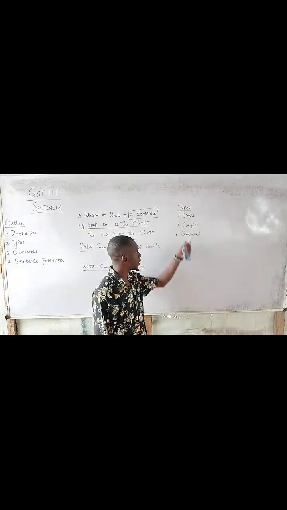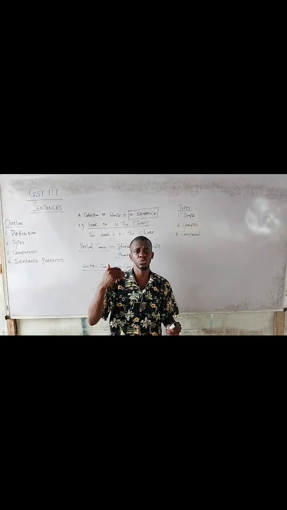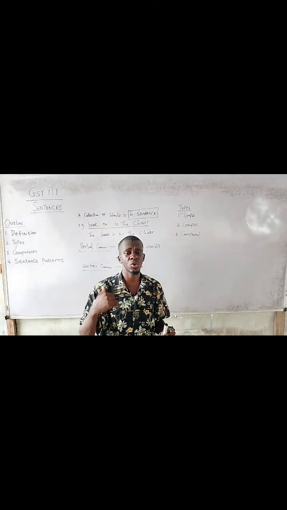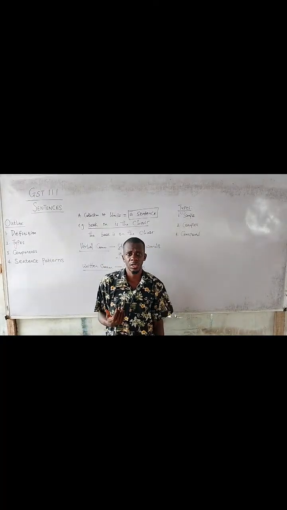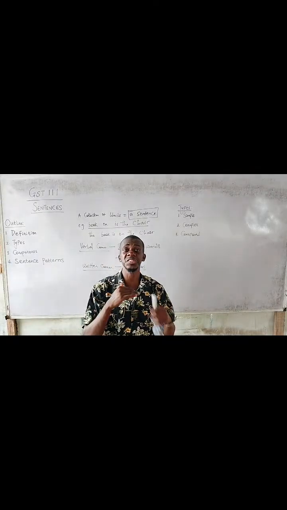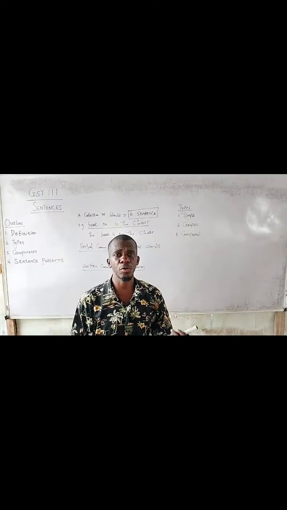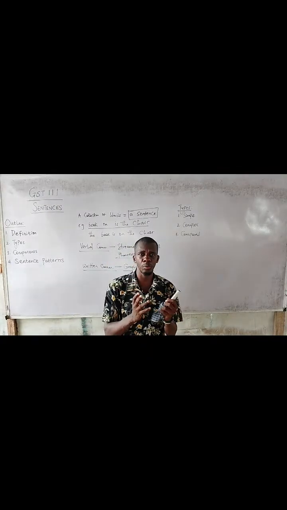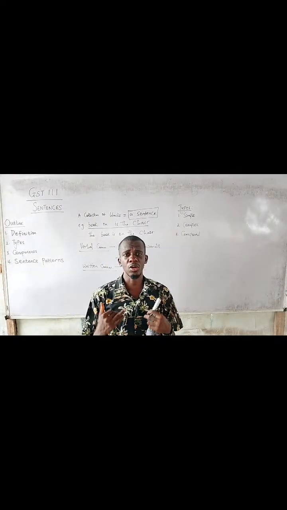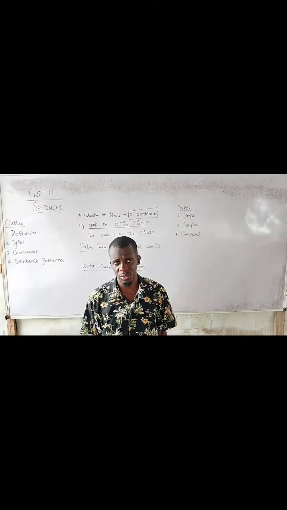They are arranged in order of, should we say, increasing difficulty or complexity. So a simple sentence is said to be simple because it is simple in structure. A complex sentence is called complex because its makeup is complex. A compound sentence is called compound because its makeup is compound.